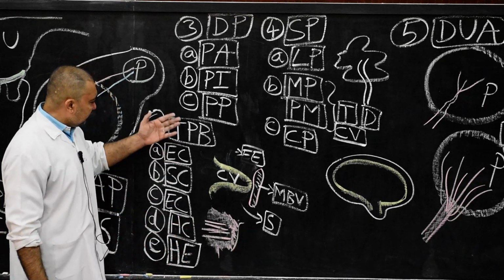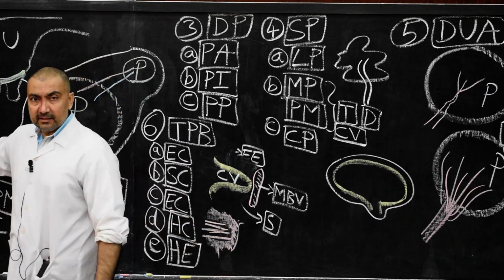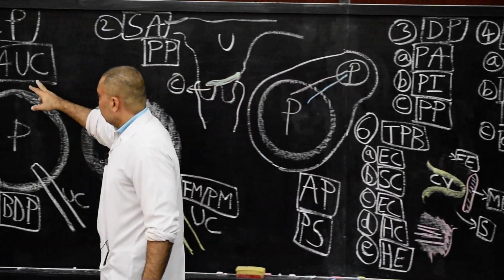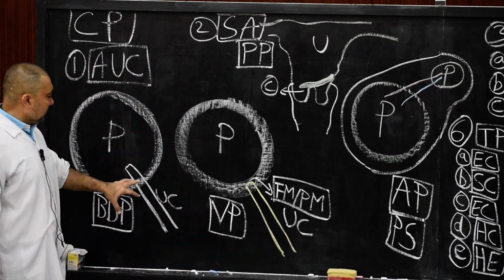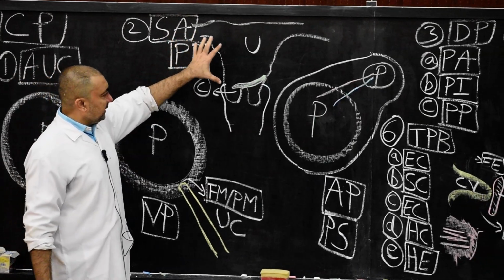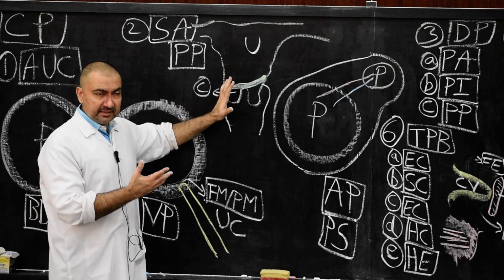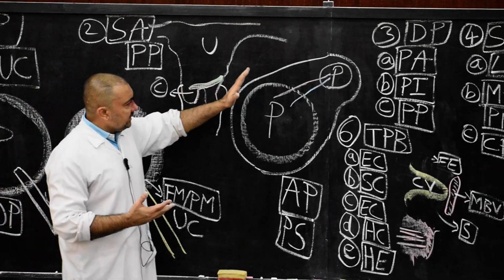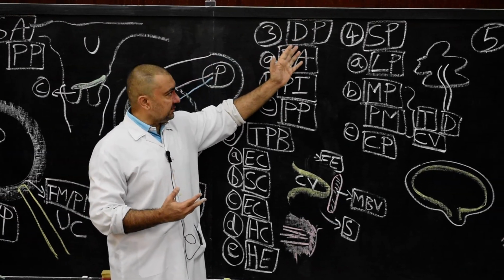So in this way, this was the last classification. If I revise, we start from here. The first classification of placenta was depending upon the attachment of the umbilical cord. The second variety was depending upon the site of implantation of the placenta. The third was depending upon the degree of penetration of the placenta.